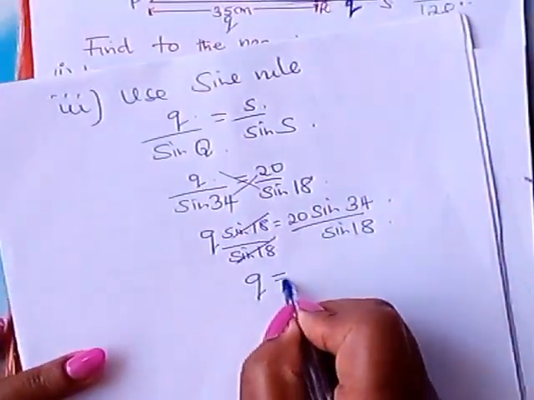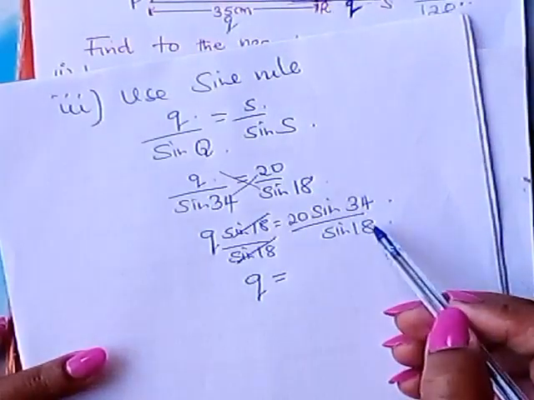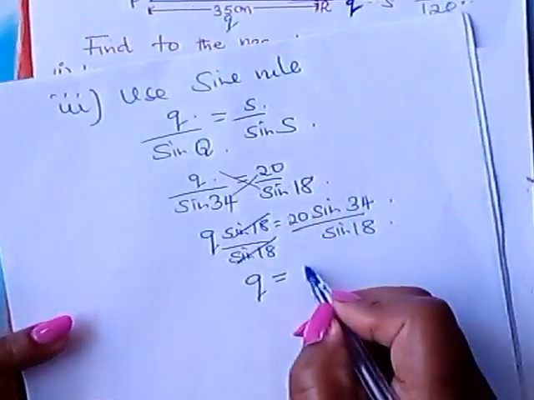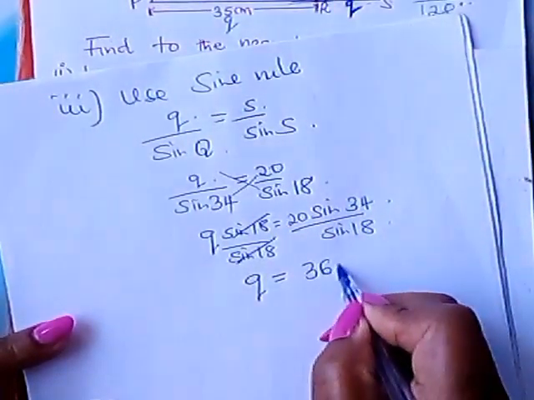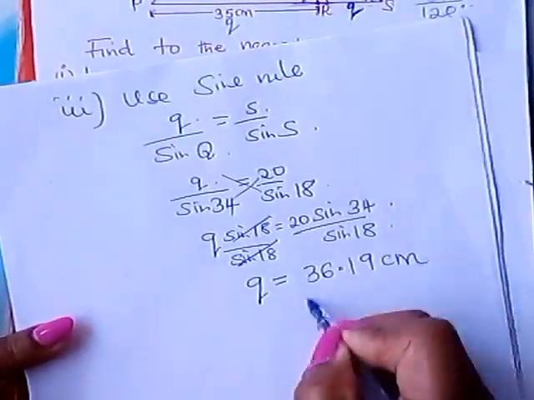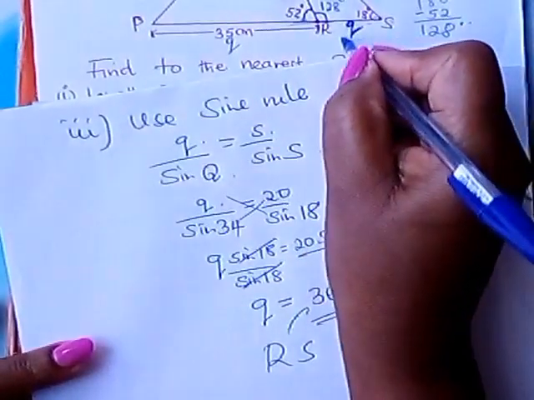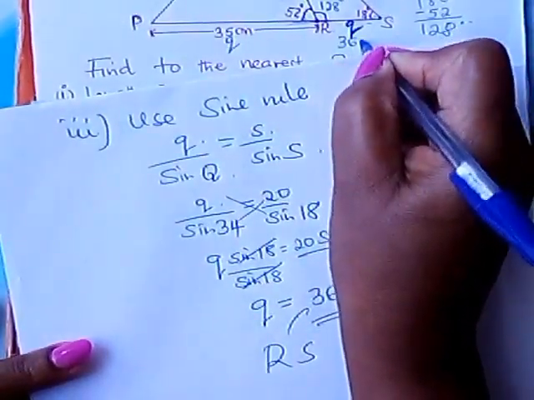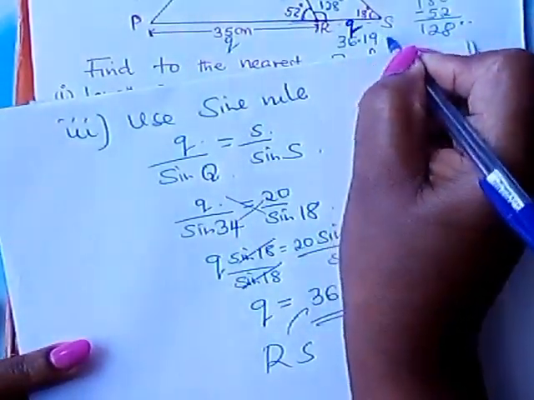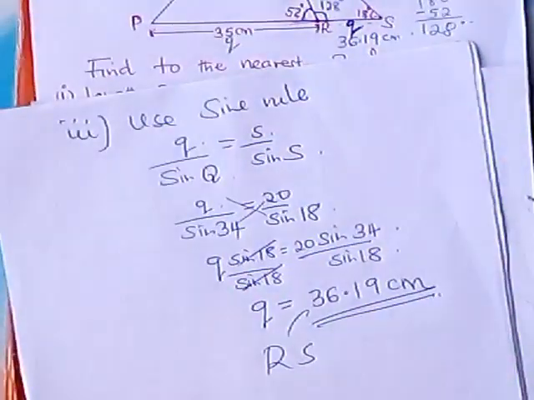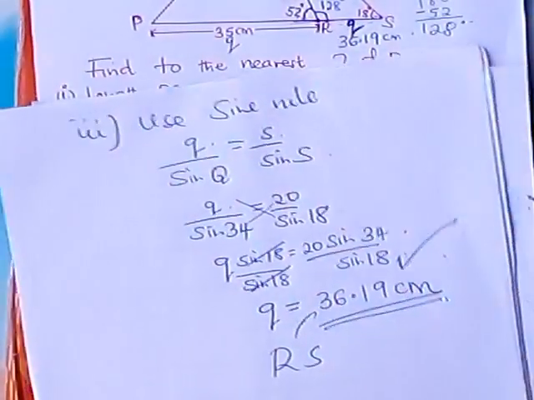And therefore, learner, what is your Q? You use a calculator here, divide accurately, you'll get 36.19 centimeters. That is your RS. Come and fix it here, you may need it: 36.19 centimeters. Sine rule.